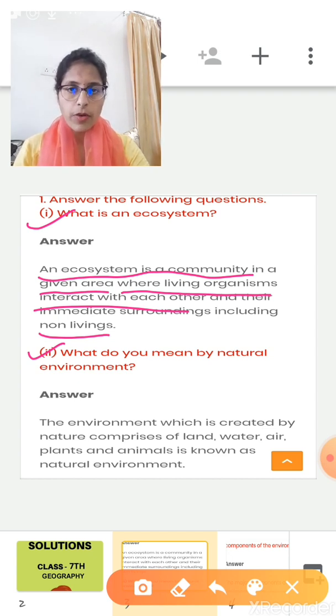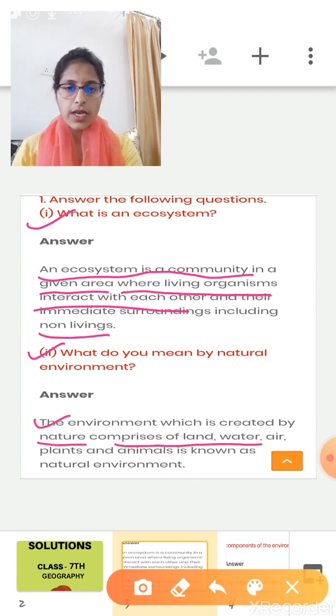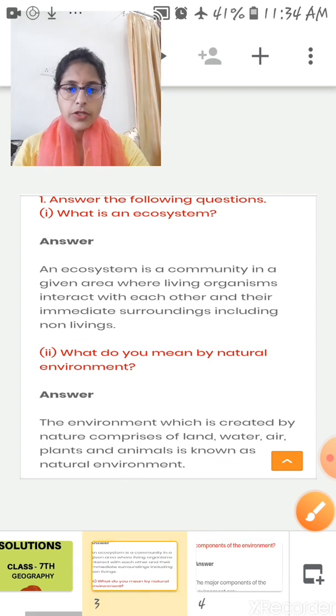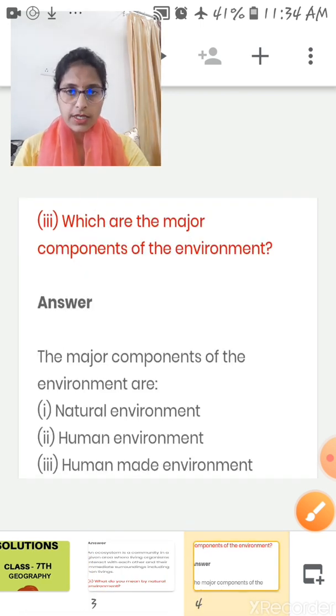Okay, now the next question is, what do you mean by natural environment? So natural environment consists of two components. First one is biotic and second one is abiotic. The environment which is created by nature and comprises land, water, air, plants and animals is known as natural environment. Okay, now move on to question number 3.